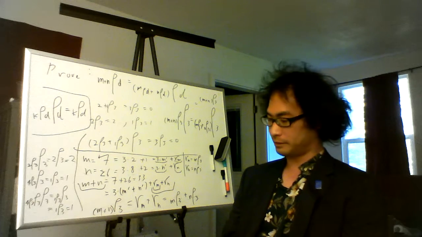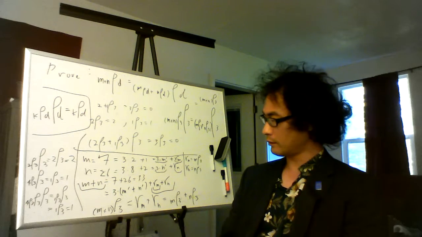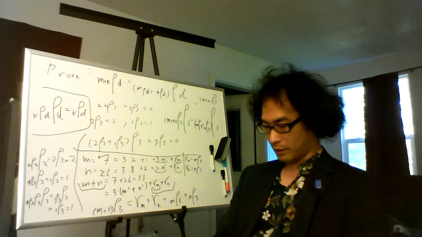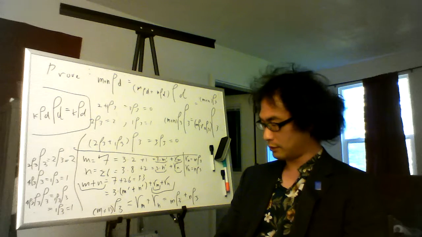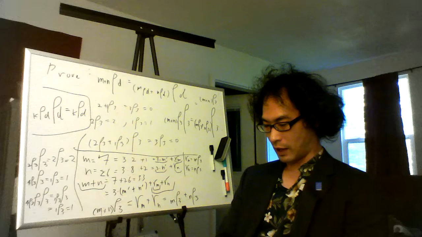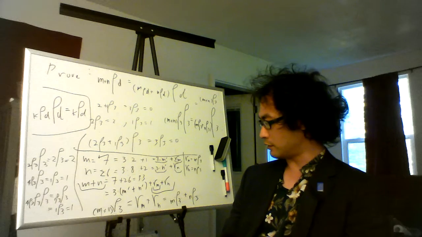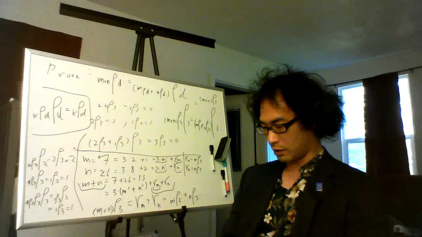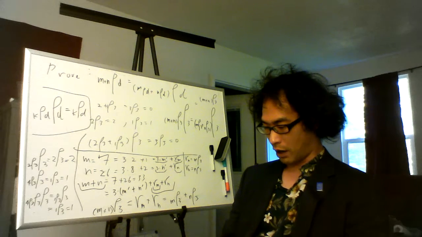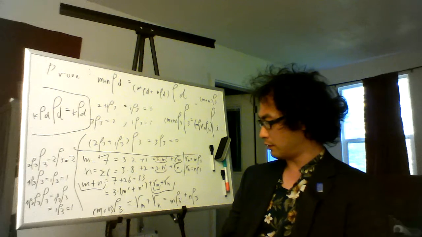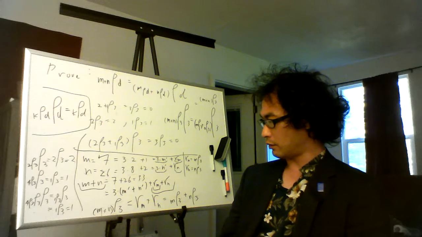So m plus n is equal to 3 times (m prime plus n prime) plus r_m plus r_n.